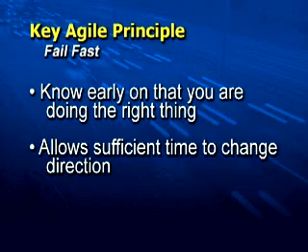One of the principles in Agile is called fail fast. It allows us to fail fast. We can know sooner than later that we're doing the right thing, or we should just halt right here and change direction. And that's something a CFO or a CEO would definitely want to know, especially about some very large or very important product that they may be depending on as a way to change their whole market position.